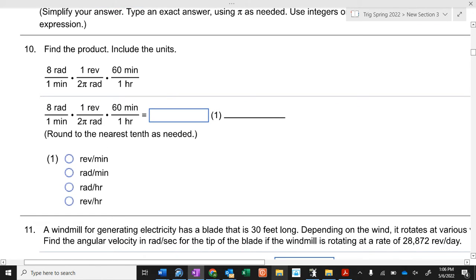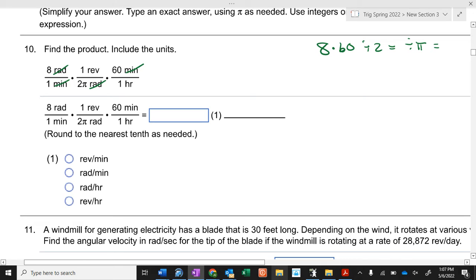Okay. How do we cancel here? Radian. Minutes. So you take 8 times 60 divided by 2, hit equals, and then divided by pi, hit equals. Okay?